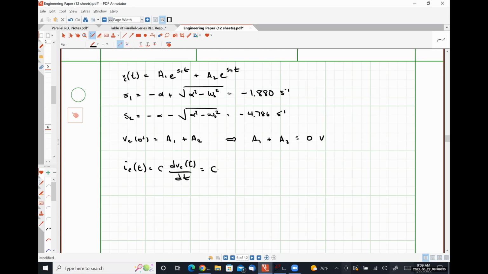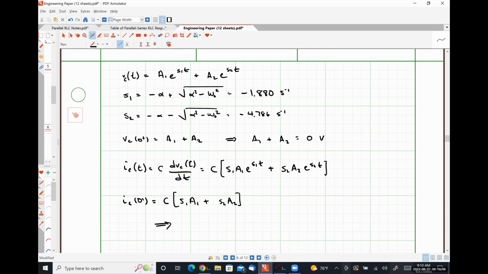So that's going to look like C times S1 A1 e to the S1 t plus S2 A2 e to the S2 t. IC of 0 plus reduces to C times S1 A1 plus S2 A2.